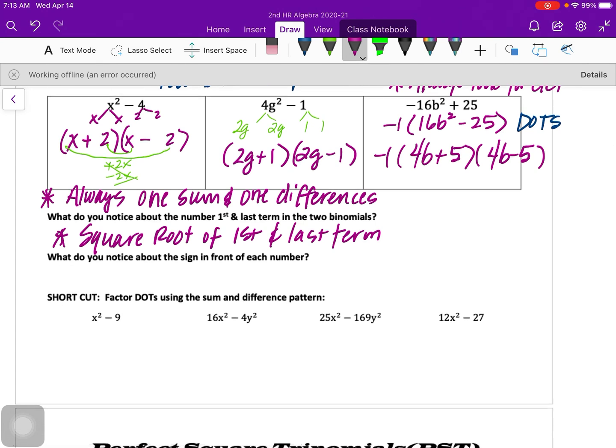And then I said, what do you notice about the sign in front of each number? And notice in every single one of these problems, we have one sum and one difference. So this is called our sum and difference pattern.